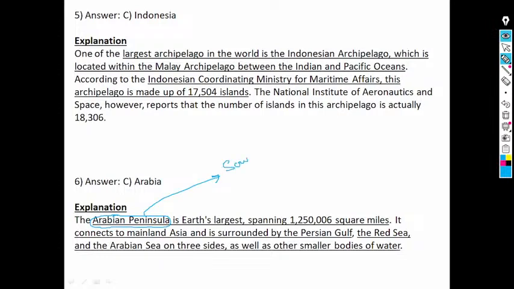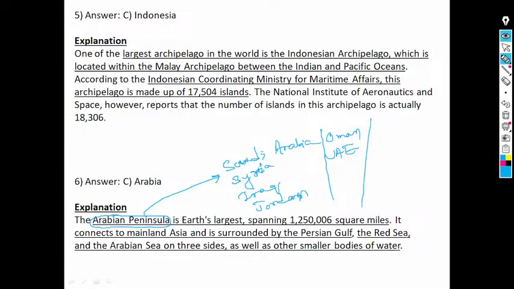It's not only Saudi Arabia that is there, also Syria, Iraq, Jordan, Oman, and most of the UAE countries; they all lie in the same region.